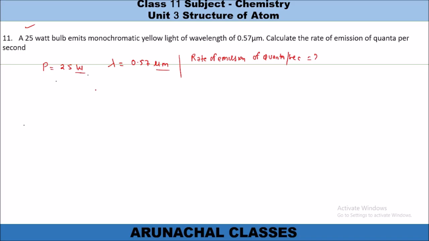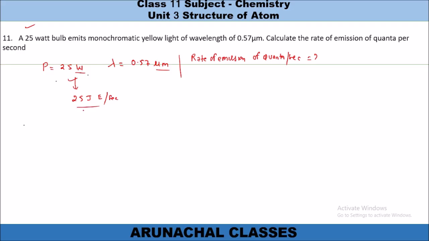We can see here that the power of the bulb is 25 watt. It means that the bulb emits 25 joule energy per second.